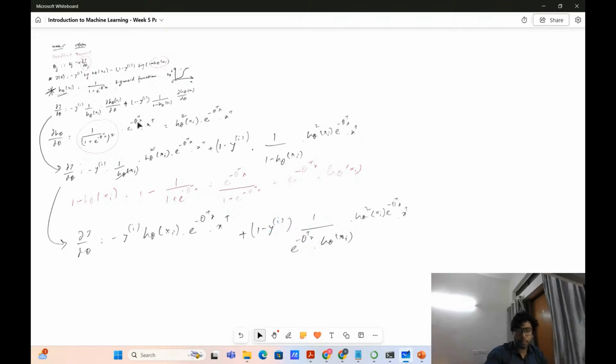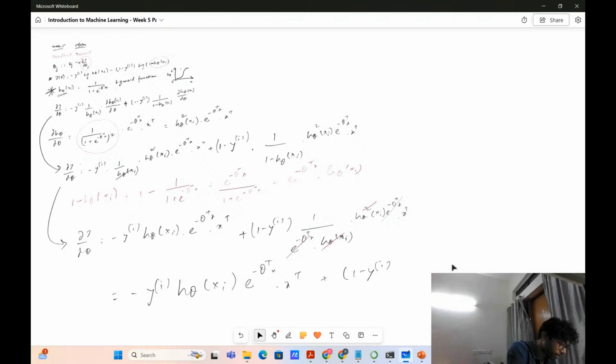So e to the power of minus theta transpose x cancels with e to the power minus theta transpose x, h theta cancels like this, and you will have minus yi h theta e to the power minus theta transpose x x transpose plus 1 minus yi. What is remaining is h theta x transpose.